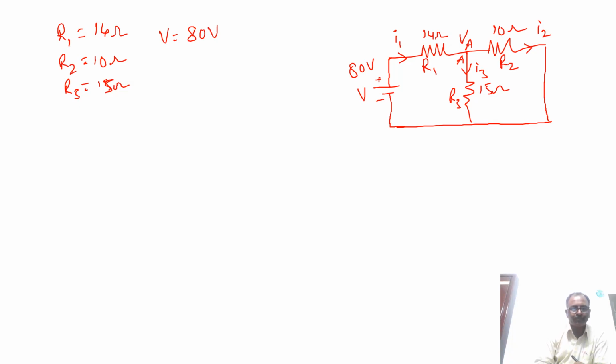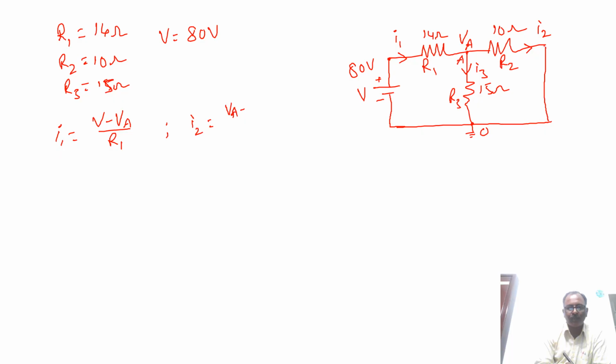Now the current I1 is given by, at this point the voltage is supply voltage V, so V minus VA by R1, and I2 equals, here the voltage is VA and this node is equivalent to ground, where the voltage is 0.